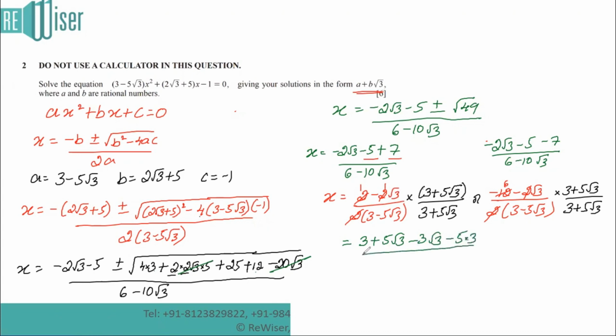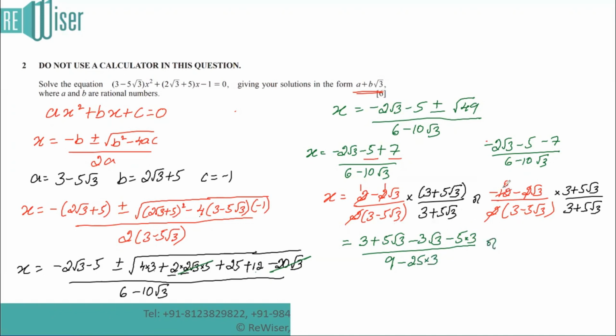And the entire thing is divided by the denominator, which looks like a minus b into a plus b. The identity for a minus b into a plus b is a square minus b square. So a square is 9, minus b square is 25 times 3. And this is what I'll be having.